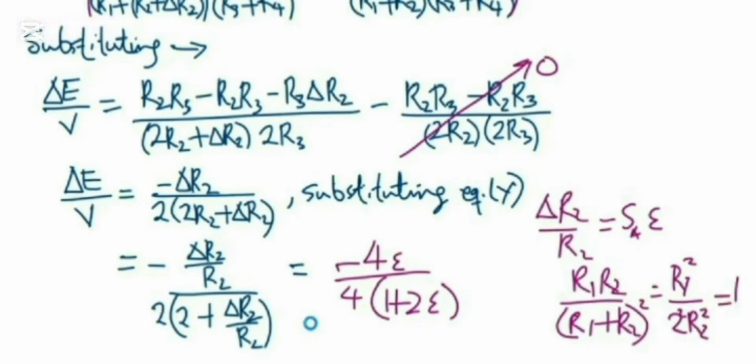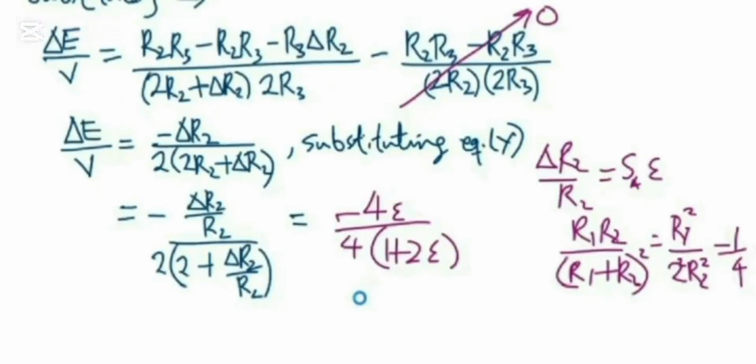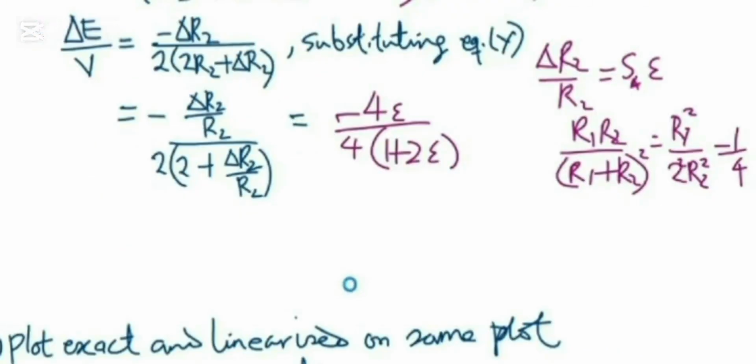And so this is going to give us 1 all over 4. And so we can substitute 1 over 4 with SAE, and finally we will have everything is equal to 4R minus 4RE all over 1 plus 2E.